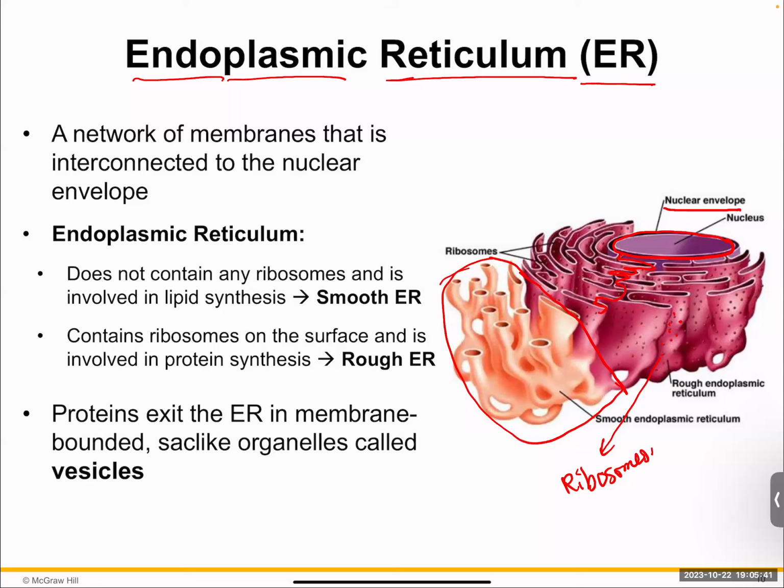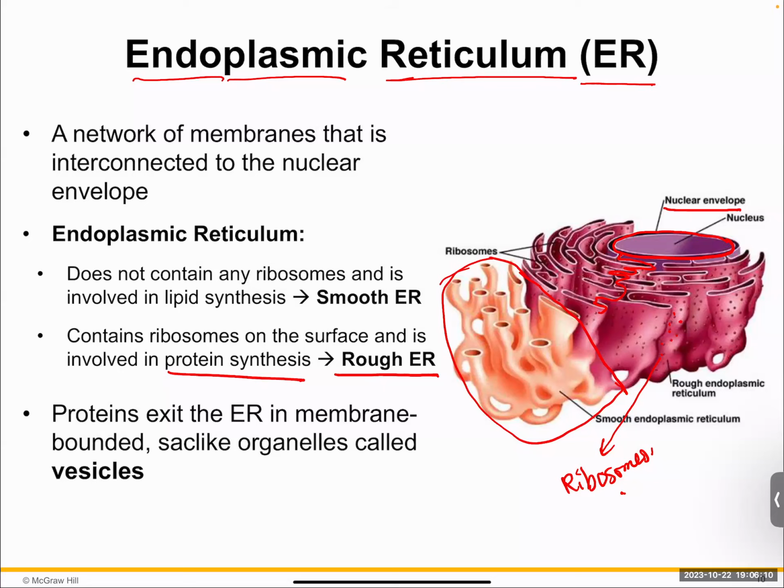Therefore, we refer to that portion, which is in pink or red, as rough ER. Because of the presence of ribosomes, they're involved in protein synthesis. The orange piece that's identified as smooth ER receives its name from the fact that it doesn't have ribosomes, and therefore the surface is very smooth, hence the word smooth ER.